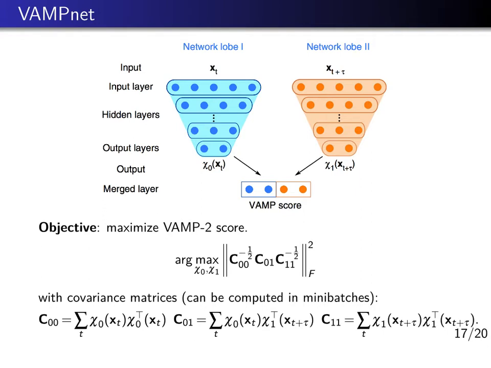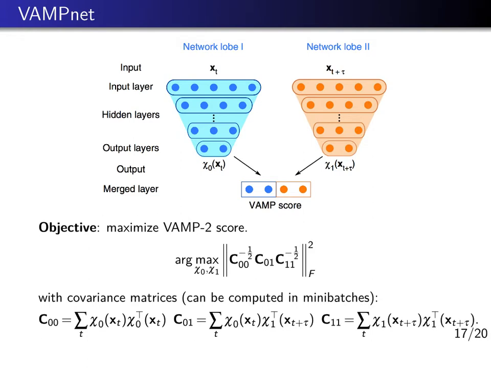Decoding or generating high-dimensional states from low-dimensional latent spaces is always more difficult, and training such decoder networks is always more difficult. But it's also important to understand that this trick only works with a variational score, such as this VAMP score here, where we are maximizing this property.